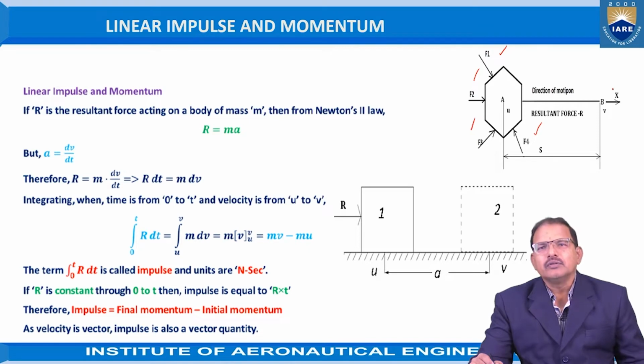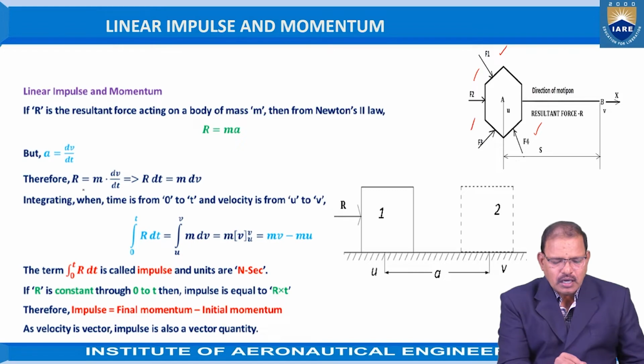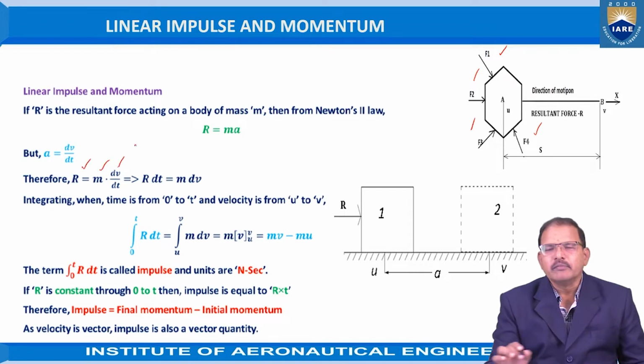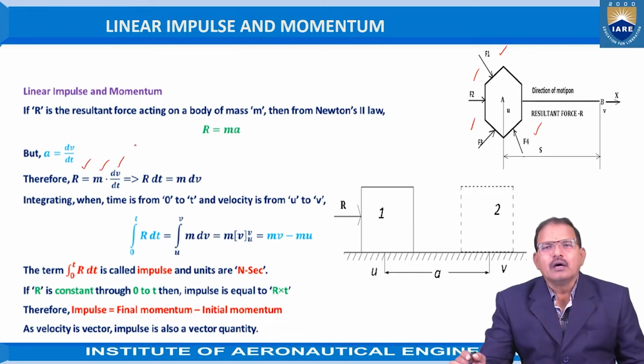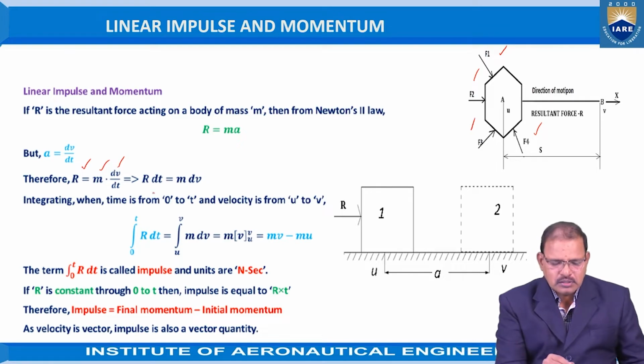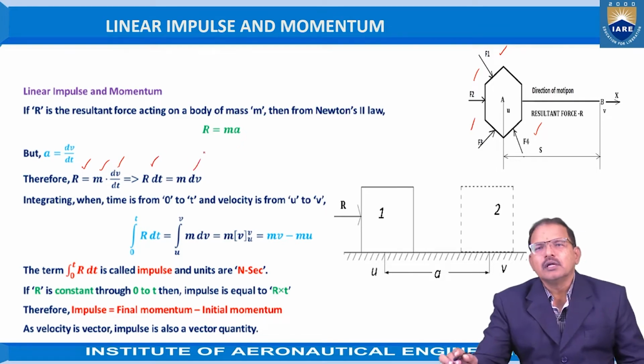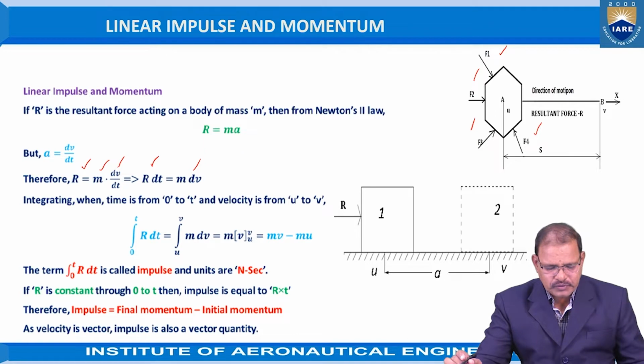It is according to Newton's second law of motion. But acceleration means the rate of change of velocity, represented as dv by dt. Hence, we can write R is equal to m into dv by dt. On cross multiplication, we get R into dt is equal to m into dv.